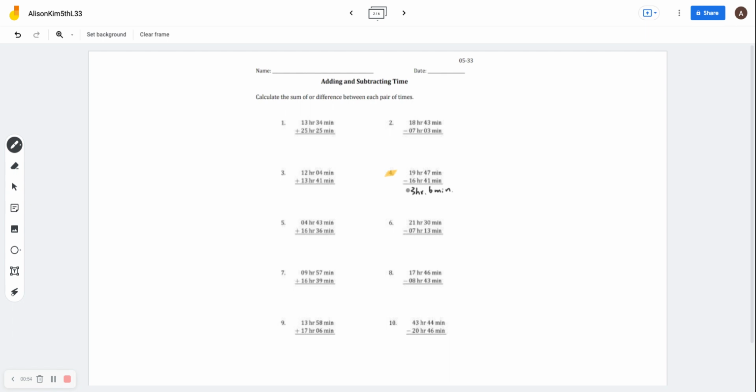So for this one, you need to remember your units, and there are going to be some cases, for like the addition problems, like number 9, where you will get over 60 minutes. If you do, then you have to add that into your hours, because 60 minutes equals 1 hour.